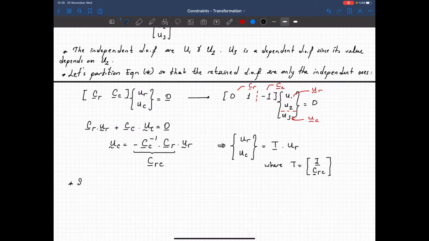So we can say that similar partitioning can be applied to the equilibrium equations, and let me write the stiffness matrix as follows.